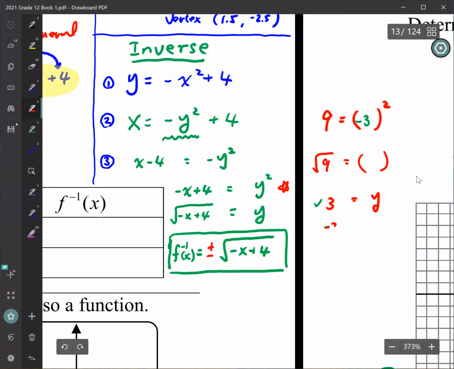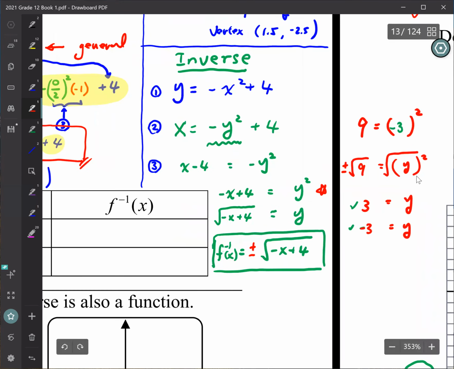You will have -3 as y as well. So both answers will work. So if you square root both sides, the moment that you put a square root on, you need a plus minus sign. So going back to the question here, you need to put plus minus.